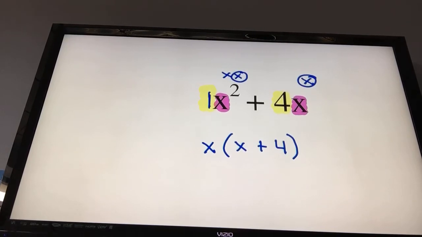On the variable ones, if you're not sure, that's a good time to check yourself. Again, not necessary though. X times x, x to the second power, x times 4, 4x. So I get back what I started from. That should happen every single time.